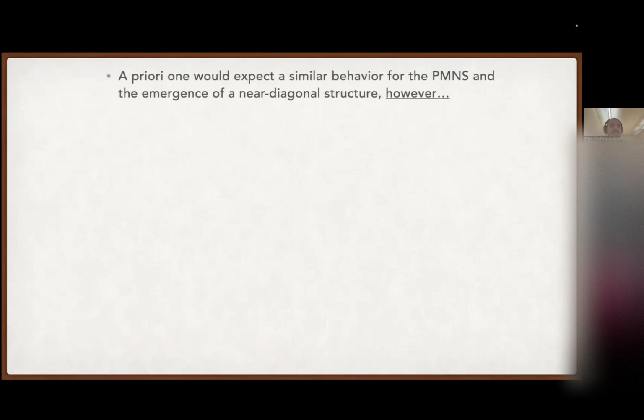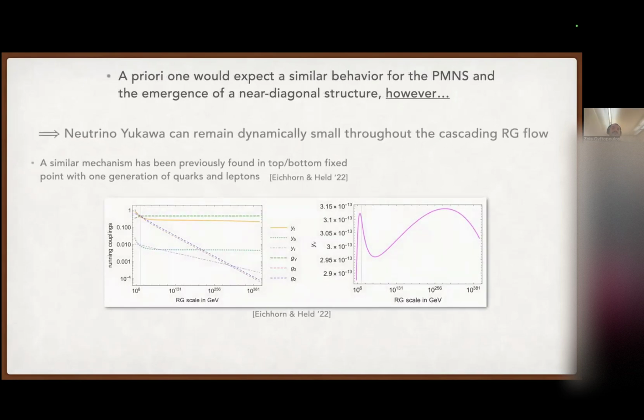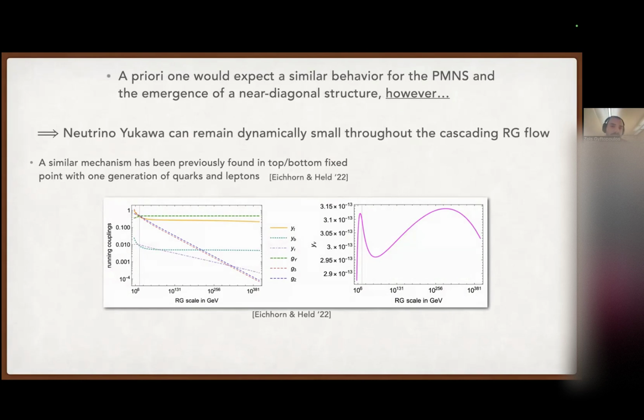So here we have a mechanism, essentially, that says that neutrino Yukawas in our model can remain dynamically small throughout the cascading RG flow, which is a similar mechanism to that found in 2022 by Aaron and Astrid in a slightly different setting, where actually it's a very different setting, because the top and bottom Yukawa in that setting become asymptotically safe in the same kind of regime.